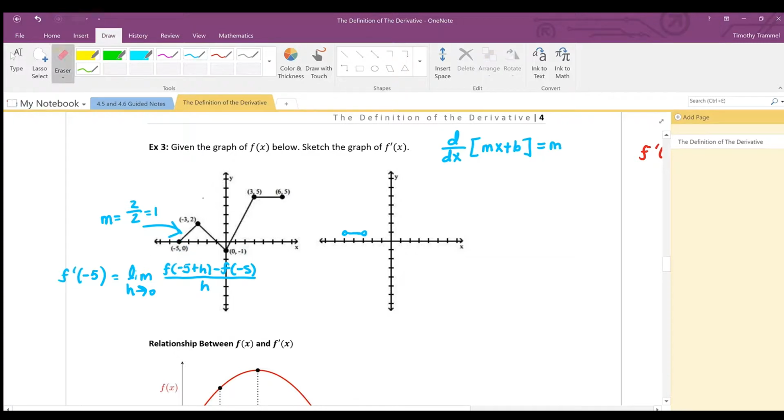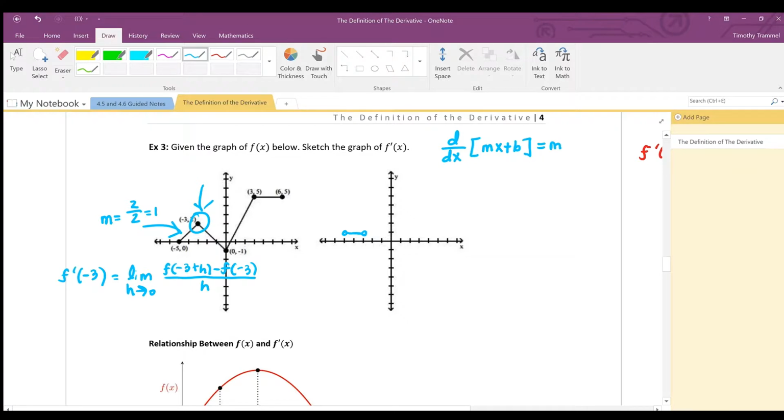And actually, the same could be said about this one. This limit, let me just change it from a -5 to a -3. Not much of a change. If we were to try and find this limit, it also wouldn't exist because as we approach from the left, it'll be actually positive, but when we approach from the right, it'll be negative.